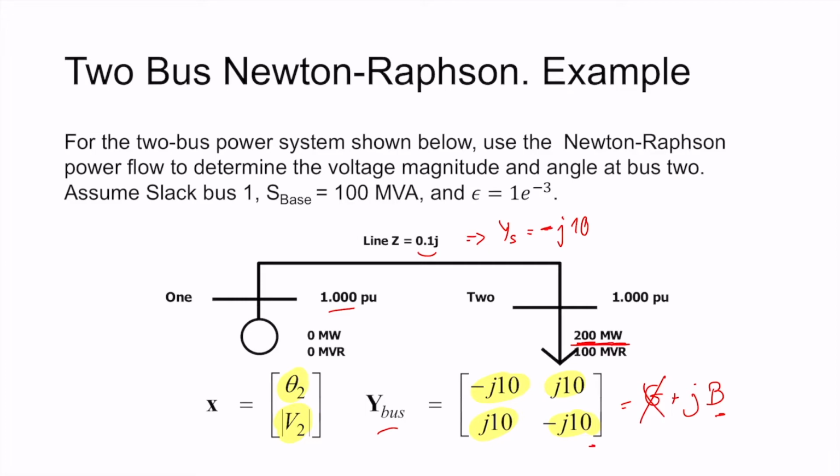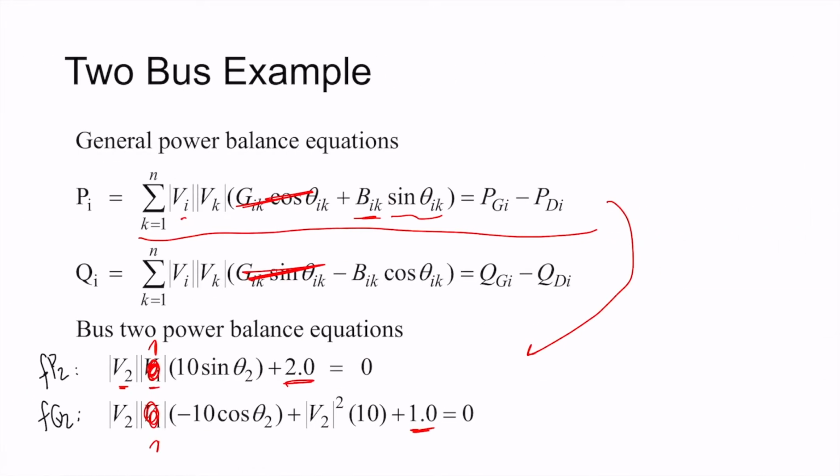It's 200 megawatts, but the base is 100 megawatts, so this is 2 per unit. And I have 100 megavolt-ampere reactive, so this is 1 per unit. This is what I see here. You can take a minute to check every value from here to here.